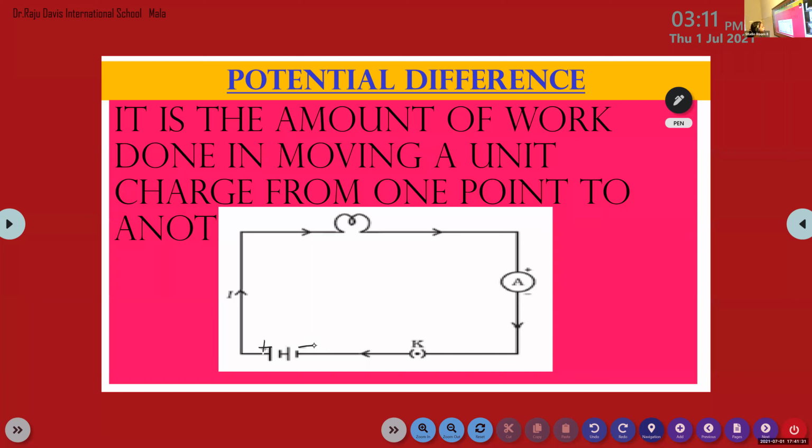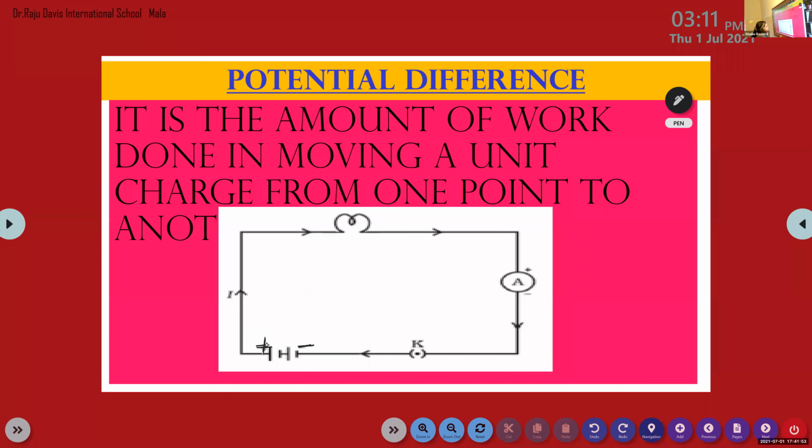So here, in order to move a charge from the positive terminal to the negative terminal, we need to do some kind of work. All of you listen here, I will give you time to write the definition. If and only if the charge is flowing from positive to negative terminal, then only is current generated in a circuit.